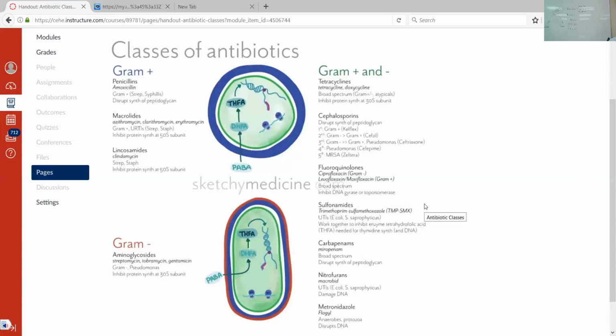synthetic broad spectrum bacteria that target an enzyme called DNA isomerase, to the process of DNA replication. They mess around with that, and there's quite a few. They do have interactions with other drugs.